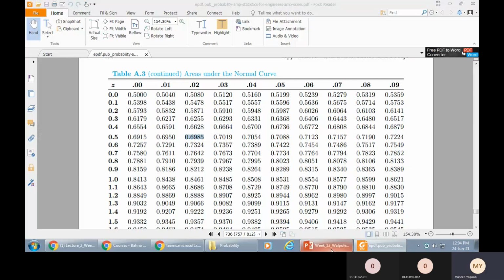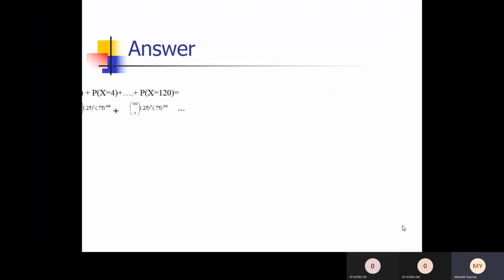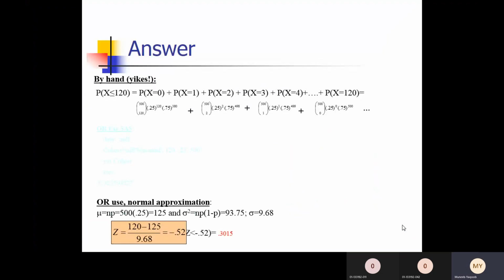Now you can compare this result with the result given in your slide. You can see that in the slide the answer is the same, that is 0.3015. So that was the procedure to convert a binomial distribution into a standard normal distribution.